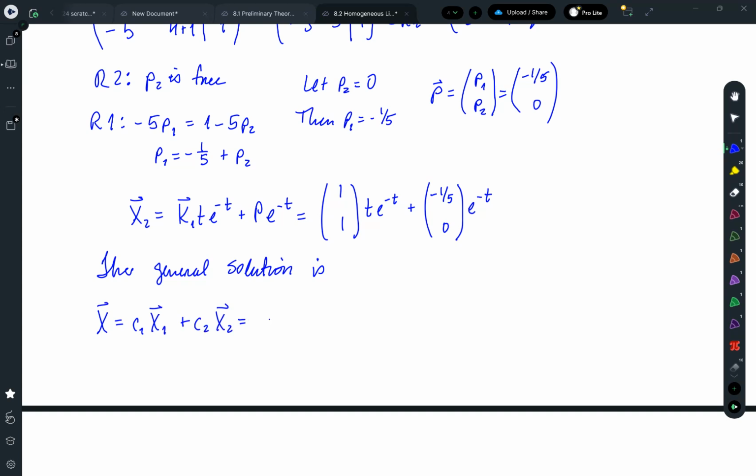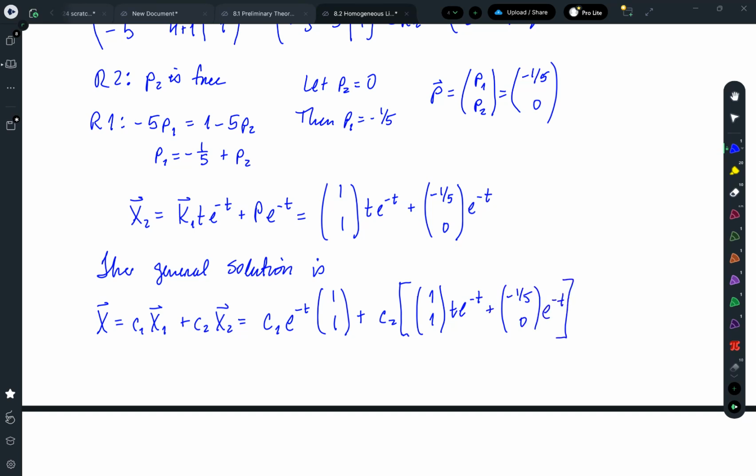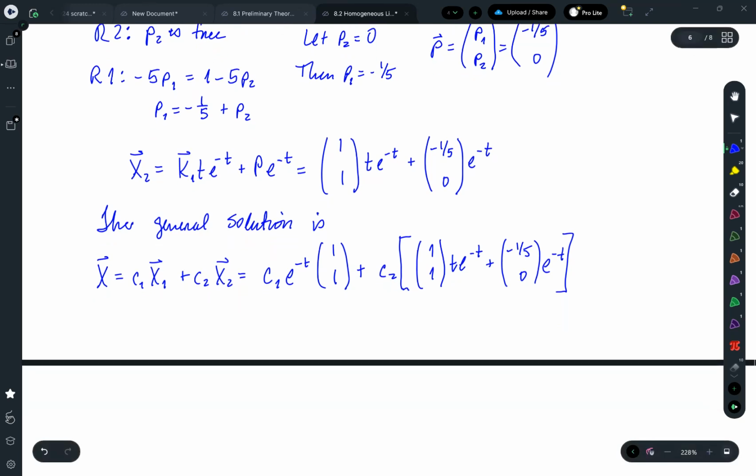So this is going to give me c1 e to the -t, K was 1, 1, plus c2 brackets, and then we're going to put x2 in there. So we have the 1, 1 vector, t e to the -t, plus the P vector, -1/5, 0, times e to the -t. And that is our final solution for this problem.